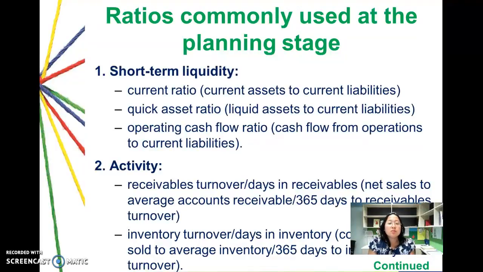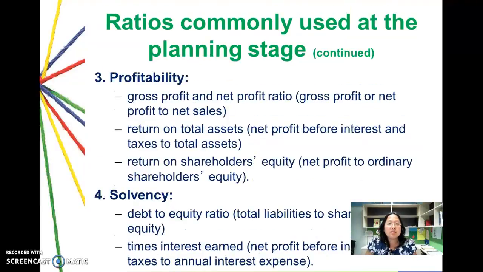That means in one year, how many days the client takes to collect on the accounts receivable, right? Another common ratio is the inventory turnover or days in inventory. The formulas are in the slide. I'm going to explain them in the next example later, but let's quickly go through the theory first, right?